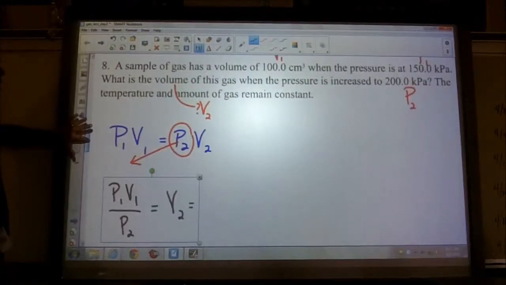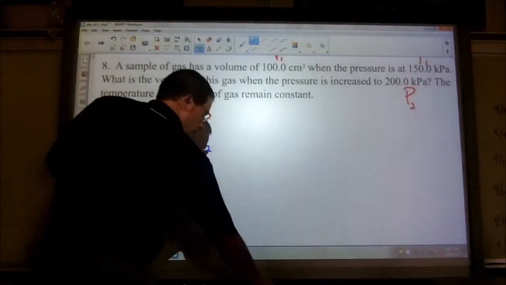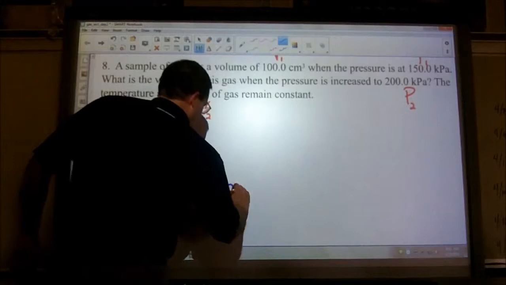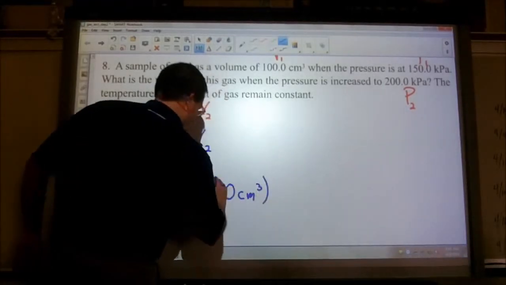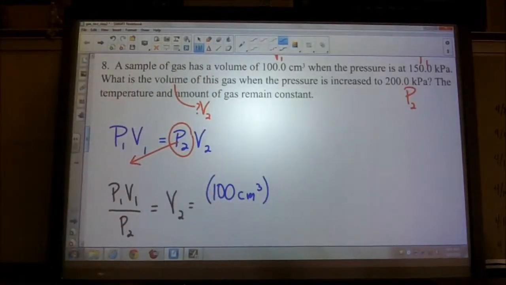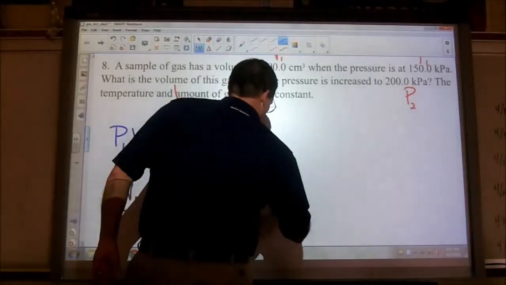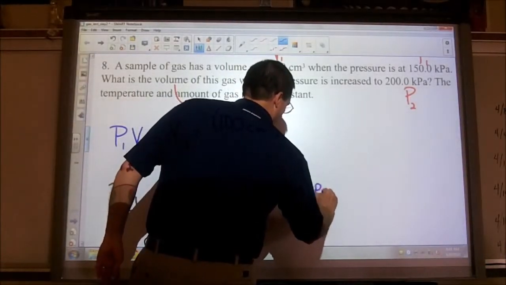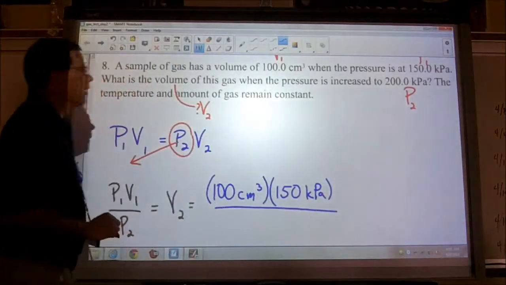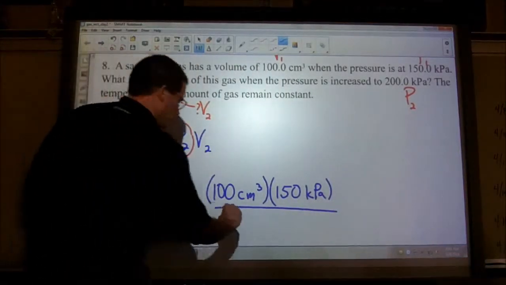So our V1 is 100 centimeters cubed, and our P1 is 150 kilopascals, and our final pressure is 200 kilopascals.